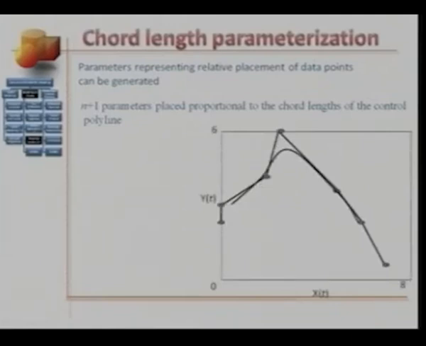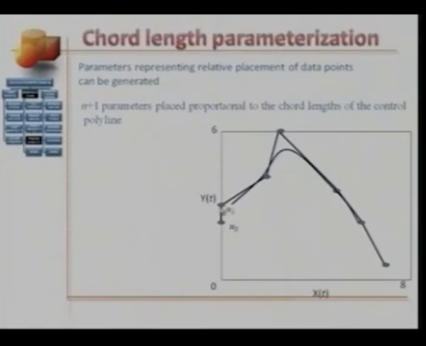Let's work with the example that we have been working so far. Let's say we have a few data points here, B0, B1, B2, B3, B4, B5, B6, 7 of them. Corresponding to the first data point, we have the parameter value u0.